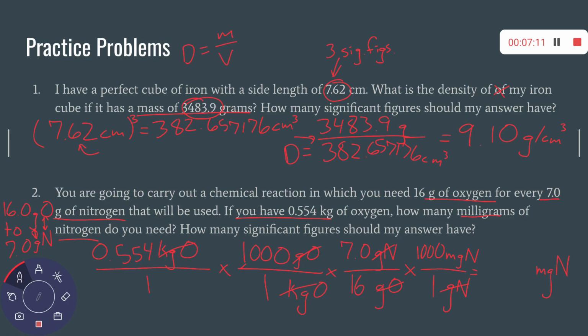Now technically, here we only have 1 significant figure for this as well. But these conversion factors are exact. So we say that they have infinite significant figures. Now I look, this number has 3 significant figures. This one has 2, and this one has 2, which means 2 significant figures is my least amount, and my answer has to be rounded to 240,000 milligrams of nitrogen.